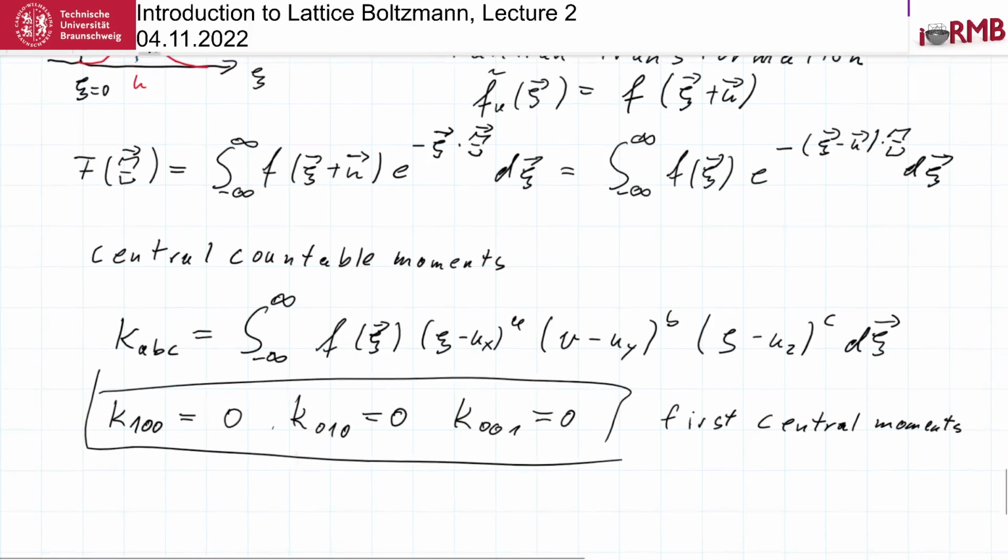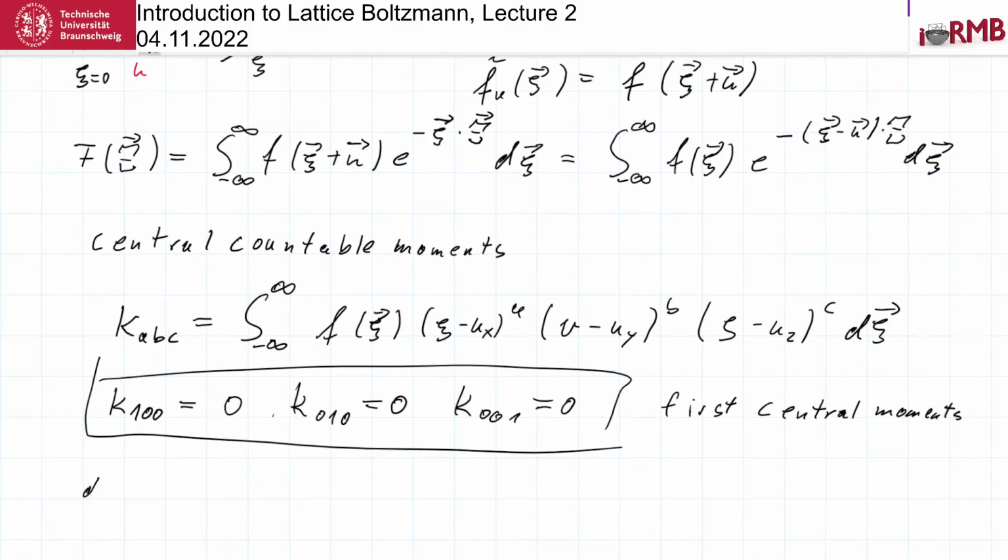So then there is also at least one moment, the density moment. The density is Galilean invariant.